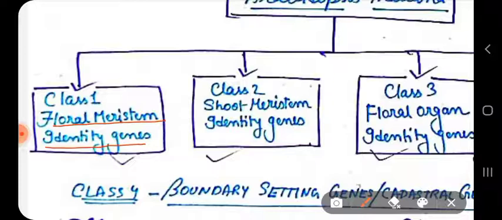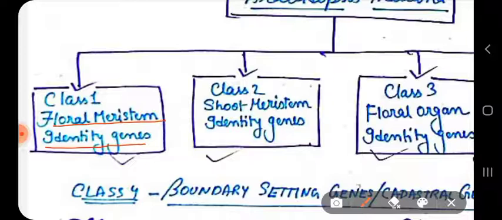floral meristem. In simple words, we can say that these floral meristem identity genes are helping to convert the shoot part into flower part.